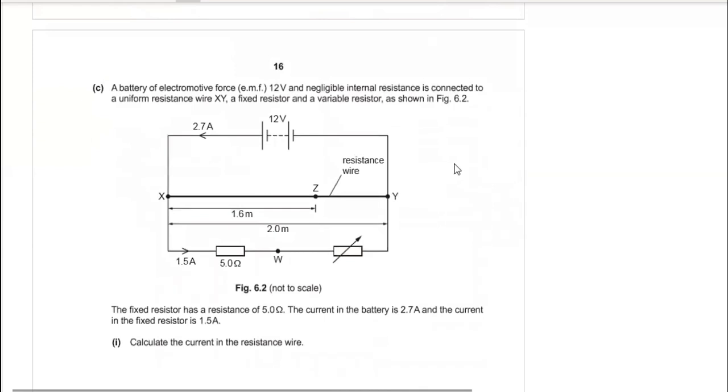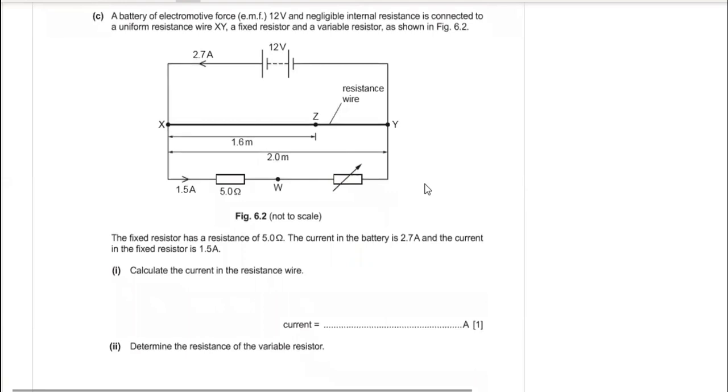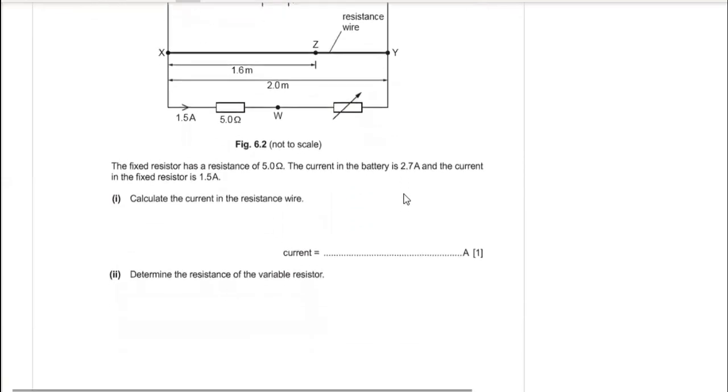Part C. A battery of electromotive force, EMF, 12 volts and negligible internal resistance is connected to a uniform resistance wire XY. A fixed resistor and a variable resistor are shown in the diagram. The fixed resistor has a resistance of 5.0 ohm. The current in the battery is 2.7 amps, and the current in the fixed resistor is 1.5 amps.